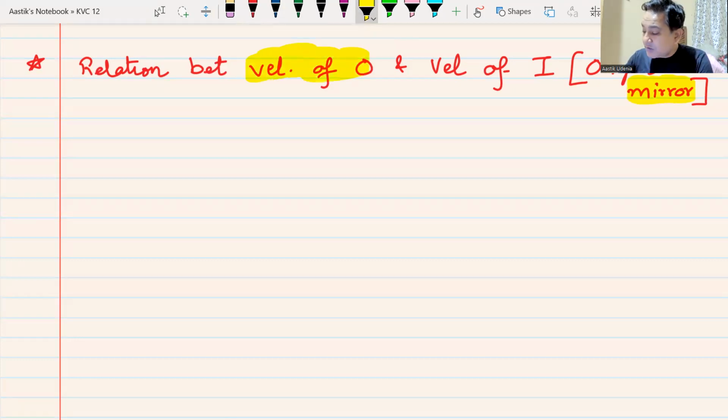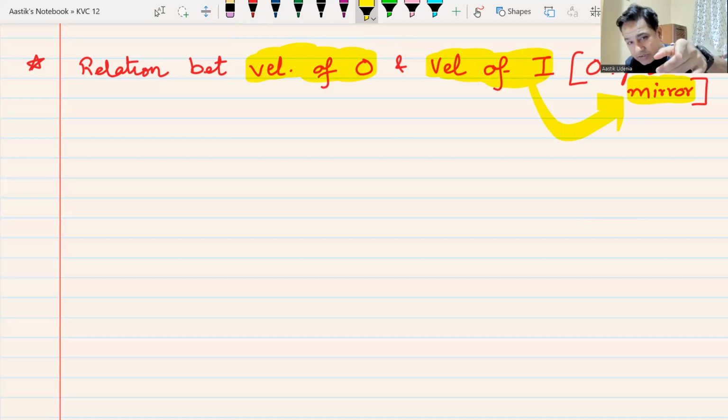So whether you talk about velocity of object or velocity of image, it will always be with respect to the mirror, whether it's a plane mirror, a curved mirror, or a lens. The relation between velocity of object and velocity of image will always be with respect to the mirror or the lens. Do we understand this? Yes or no?